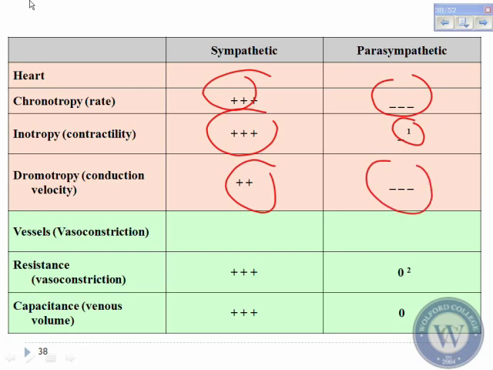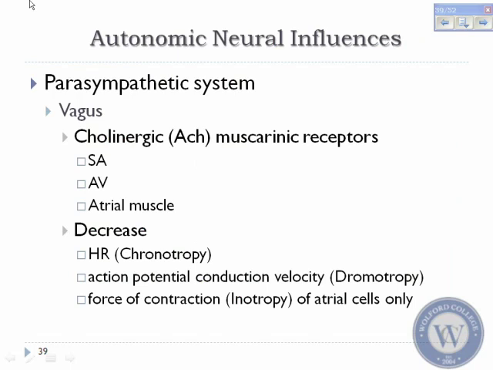For the blood vessels, there's no effect by parasympathetics, but you do get effects on capacitance as well as resistance, which is the arterioles, that are controlled by sympathetics. So sympathetics really control most of the circulatory management that you're seeing. The reason all that's important is later on when we talk about how we do spinals and suppress the sympathetic nervous system, this will become quite evident.